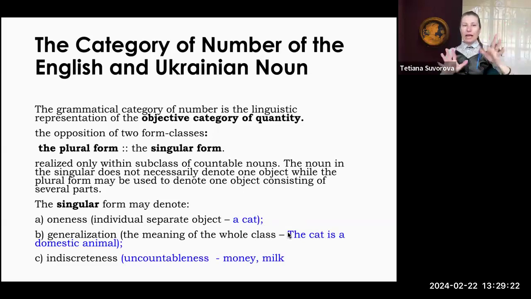But when you want to express a very abstract idea, not every cat, but generally the cat, if you see, generally the woman is, for example, gentle, and the man is more rough, for example.